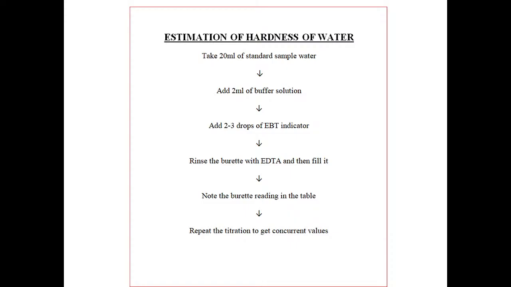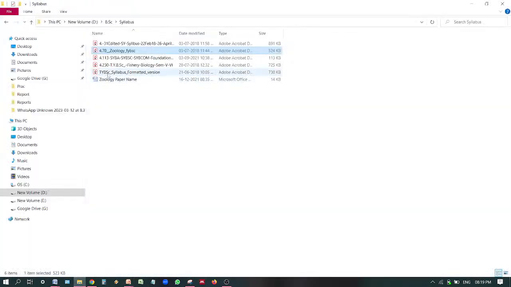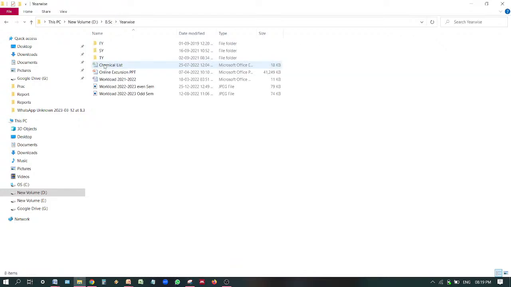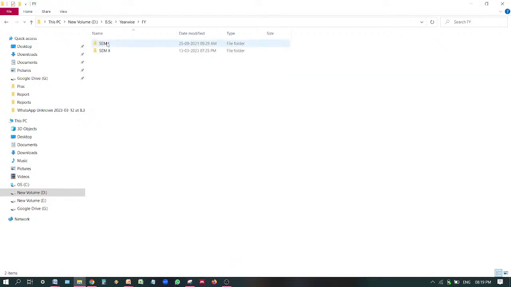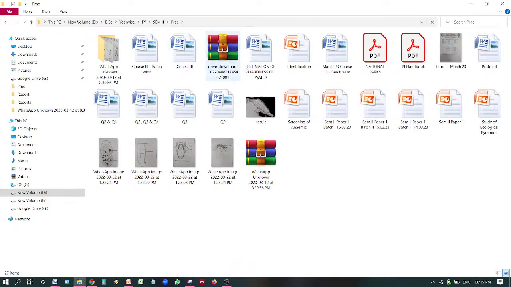You will be repeating the titration. Let's see if I have the handbook on my laptop, then I will explain the calculation part as well. Yes, I do have a handbook, so I will explain the calculation part as well.